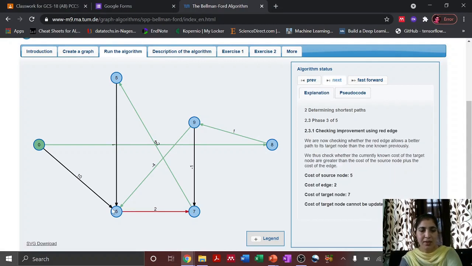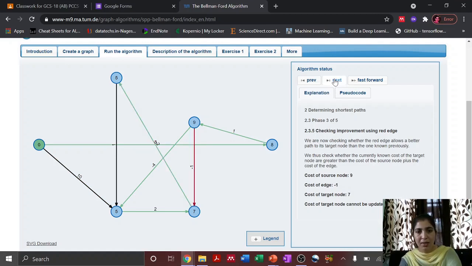First we are considering this 5 plus 2 is 7. Already there is 7, we will not update it. Then 0 plus 10, 5. Already there is 5, we will not update it. Then 0 plus 8 is 8. Again, no updation. 7 minus 2 is 5, no updation.